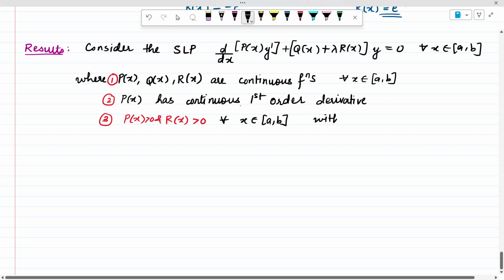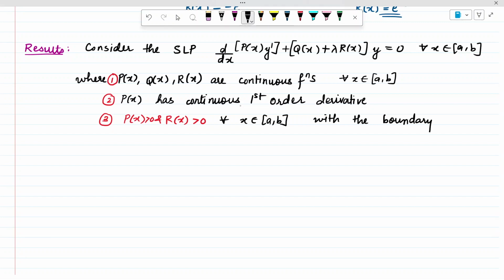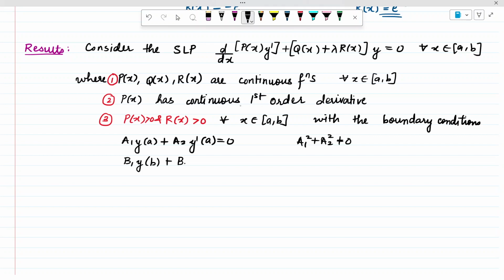with the boundary conditions a1 y at a plus a2 y dash at a equal to 0, where a1 square plus a2 square is non-zero, and b1 y at b plus b2 y dash at b equal to 0. Again, b1 square plus b2 square not equal to 0.